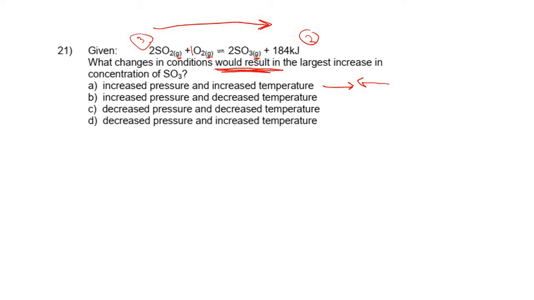So that's the side that's most affected, so you can do your towards and away in relation to that. So B, increasing the pressure, we did that already. But now decreasing the temperature, then we're going to shift towards what's taken away. So both of these stresses are going to give us a right shift. So that is most likely our answer.